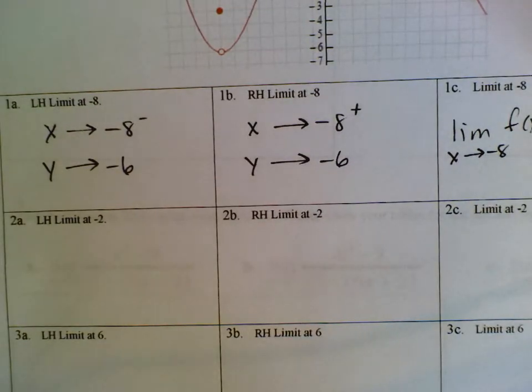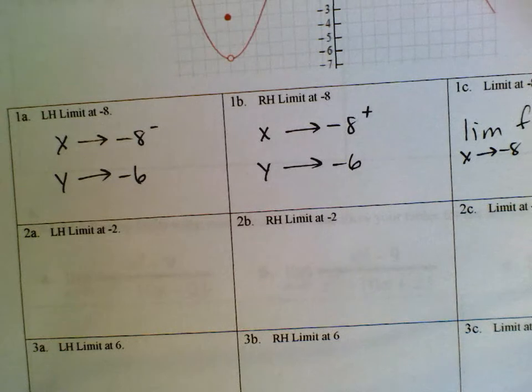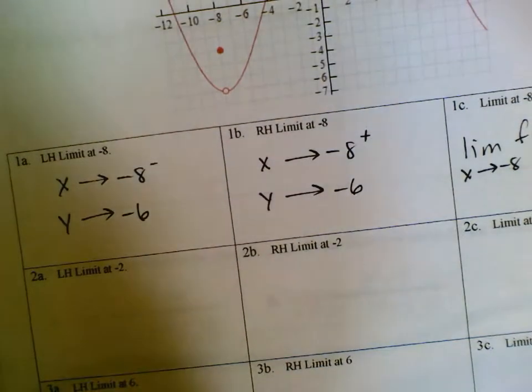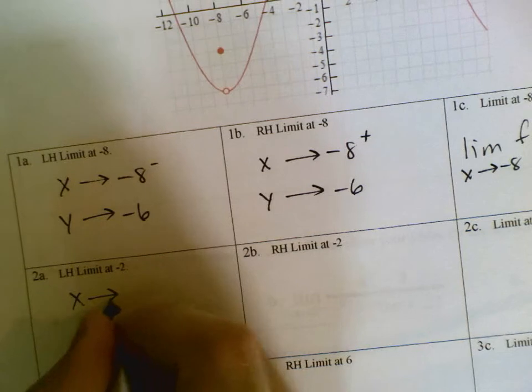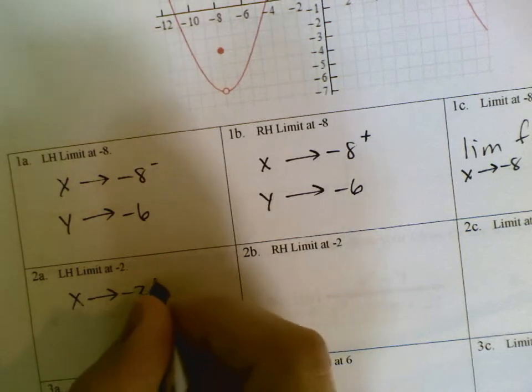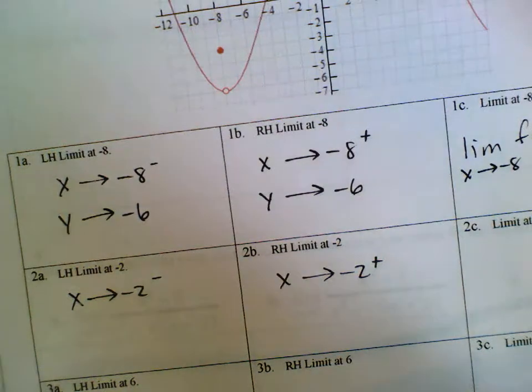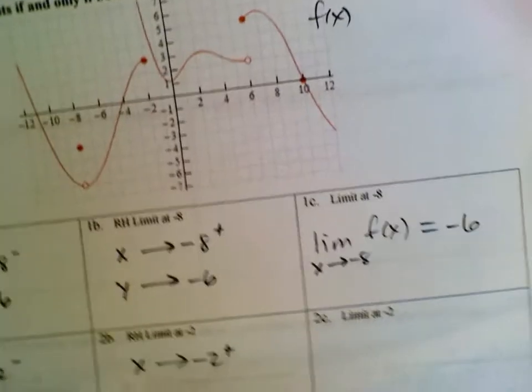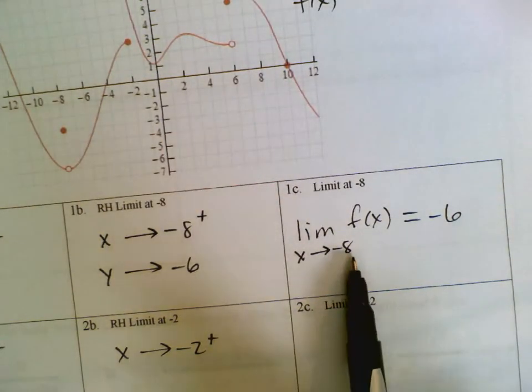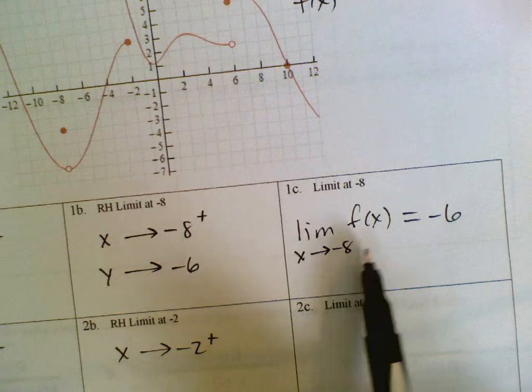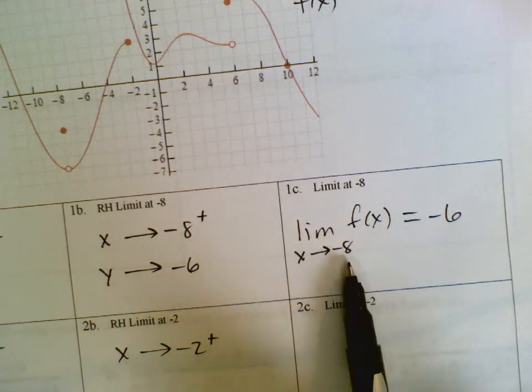So the left hand limit at -2 and the right hand limit at -2. I'll start going a little bit faster. As x approaches -2 from the left, as x approaches -2 from the right. I'm going to back up for a second. Notice something new today. I don't have a plus or a minus up here. That means that this is just the limit, period.